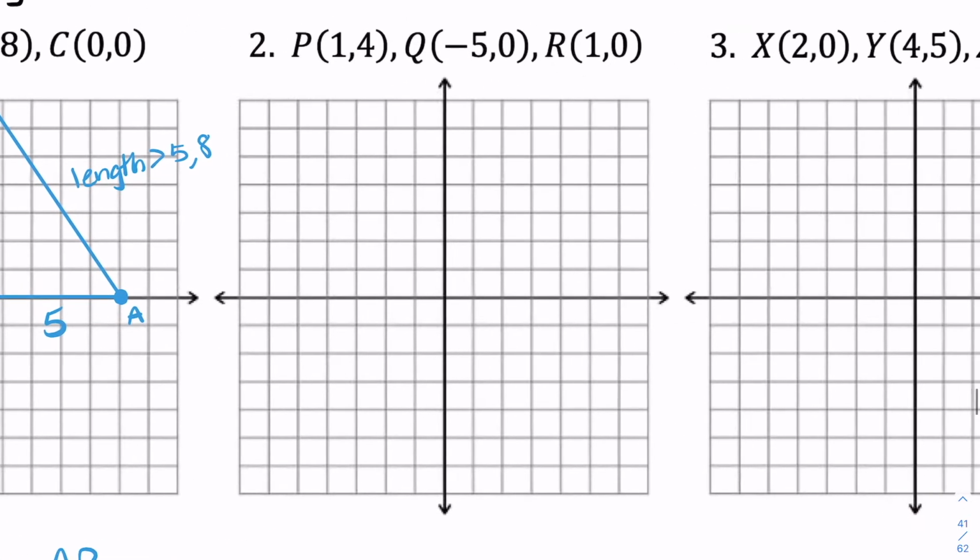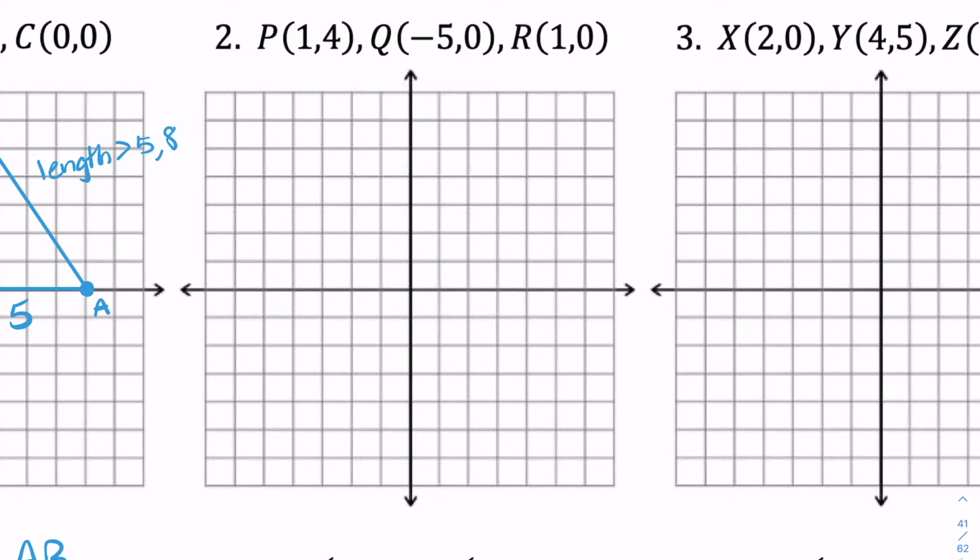Okay, the next one, we have 1, 4. We have -5, 0. And we have 1, 0. So that's P, Q, and R. I'm going to connect these. That looks like it has a length of 4. This looks like it has a length of 2, 4, 6.